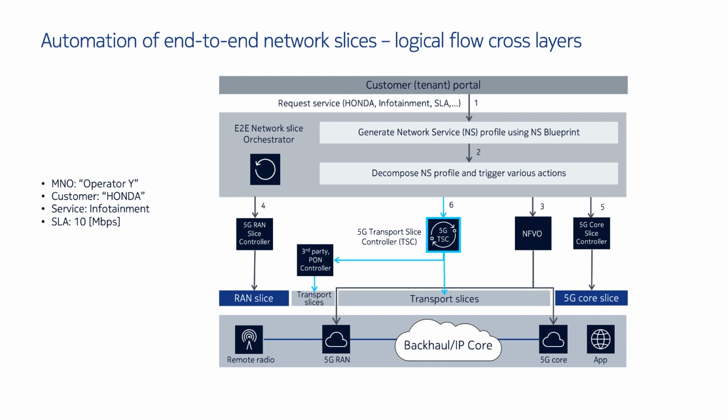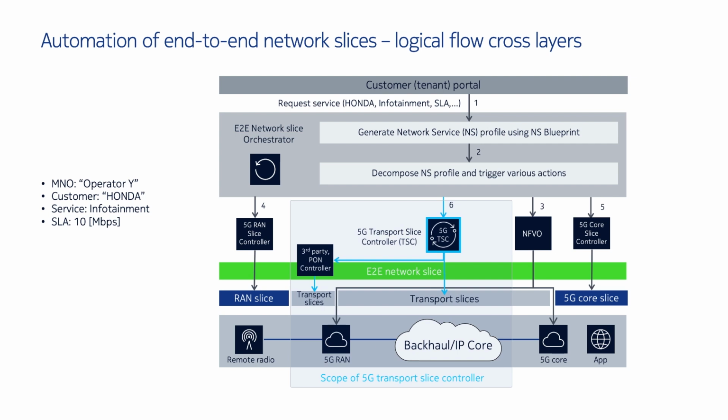And last but not least, it sends a request to transfer slice controller to create the connectivity between this RAN and core. At this point, stitching all these slices creates a single end-to-end network slice for a specific customer, which is Honda, and service type that is explained before.